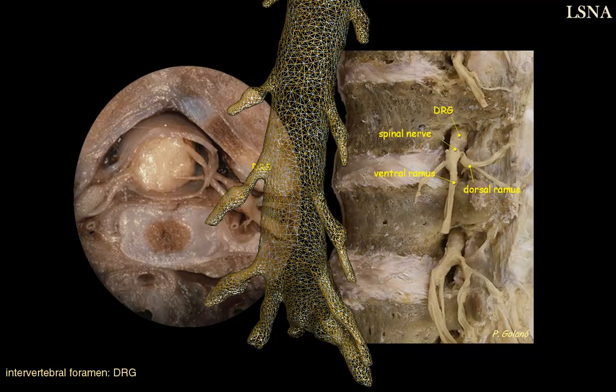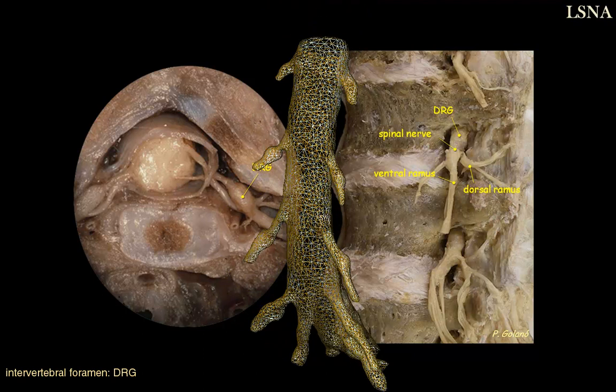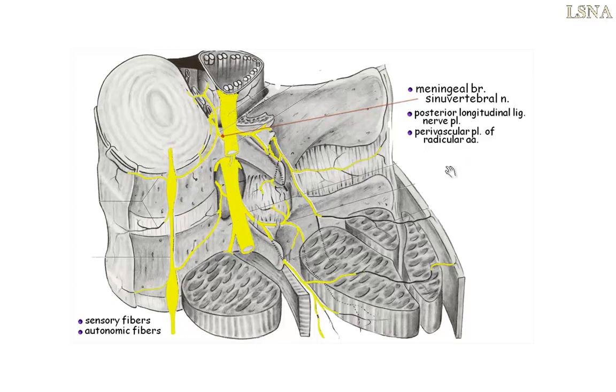After exiting the intervertebral foramen, each spinal nerve divides into a ventral and a dorsal ramus. This last innervates the zygapophysis and other posterior structures. The dural sac is densely innervated by sensory and autonomic fibers, forming a plexus on its anterior surface.